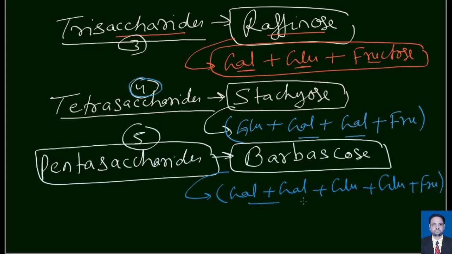Got it? So 2 galactose, 2 glucose, 1 fructose. So it is made up of 5. So pentasaccharide, trisaccharide and tetrasaccharide are the different examples of oligosaccharides.